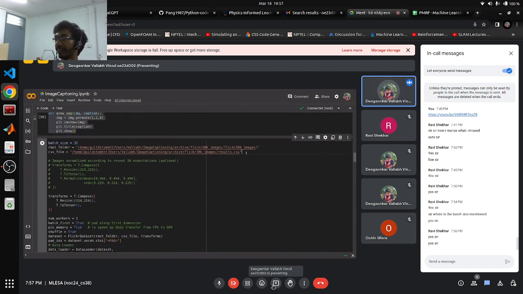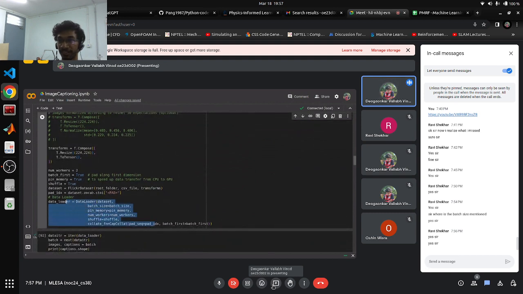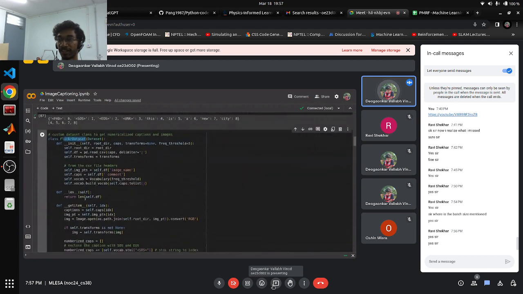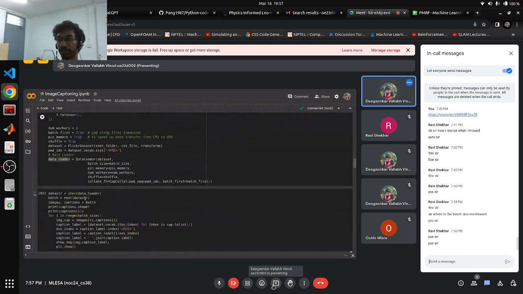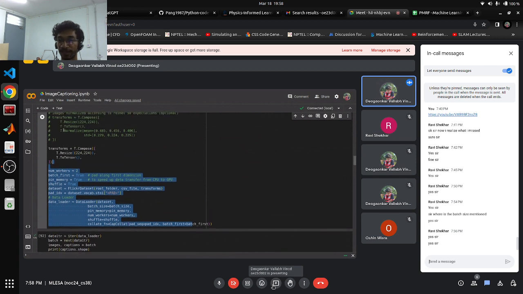And as I said, I need to specify the path to the folder of images and captions. And yeah, here is where we created that data loader object using this. So this Flickr dataset will be used here. Okay. So basically this is only for the loading work, and you can see this cap collat.